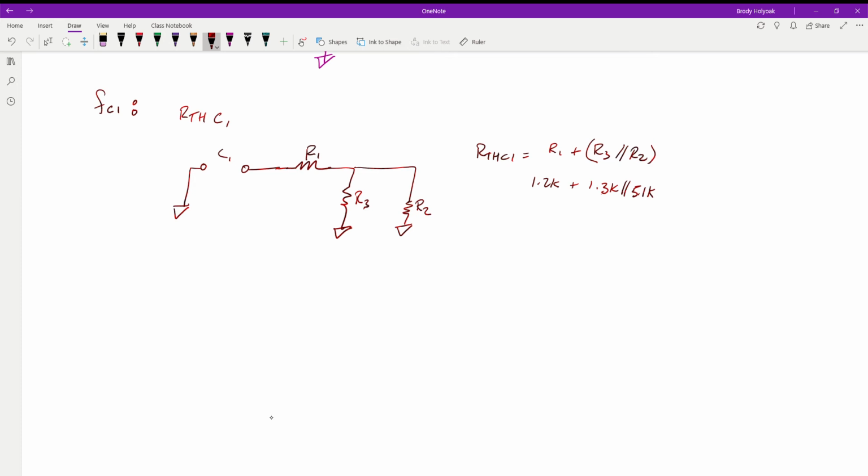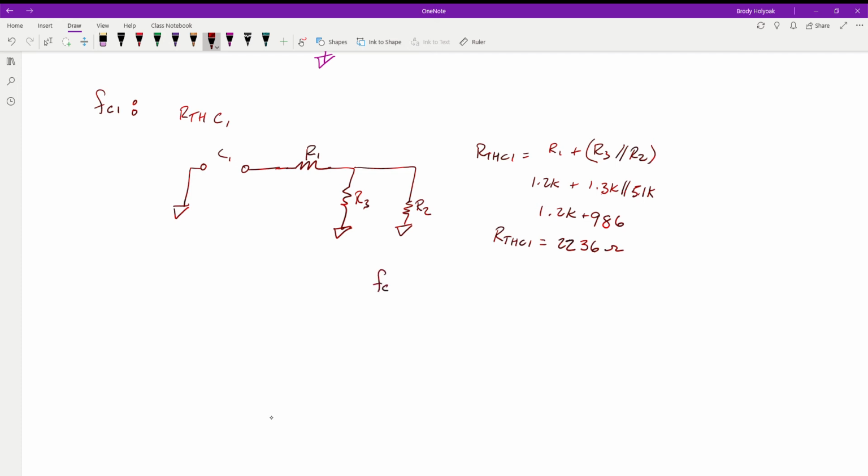So this is going to be 986, and this is 1.2K. We add those together, so our R Thevenin at capacitor 1 is equal to 2,236 ohms.